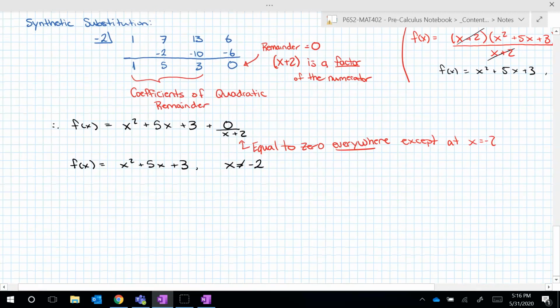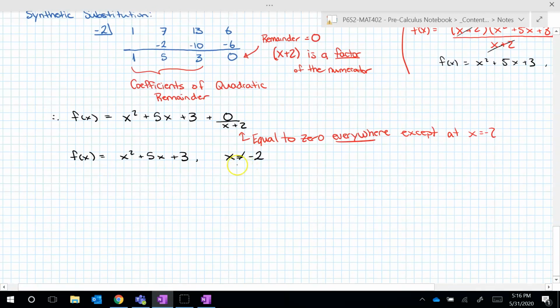And so now, if I wanted to actually find this, I can evaluate the limit of this function as x approaches negative 2 by just seeing what this would be.